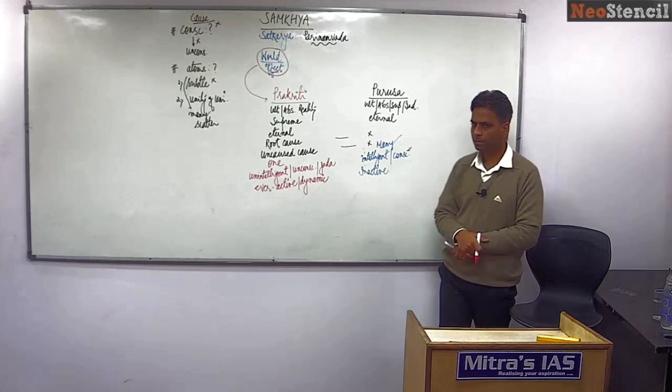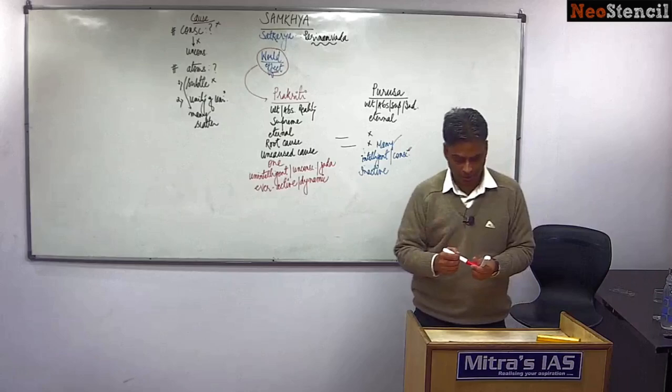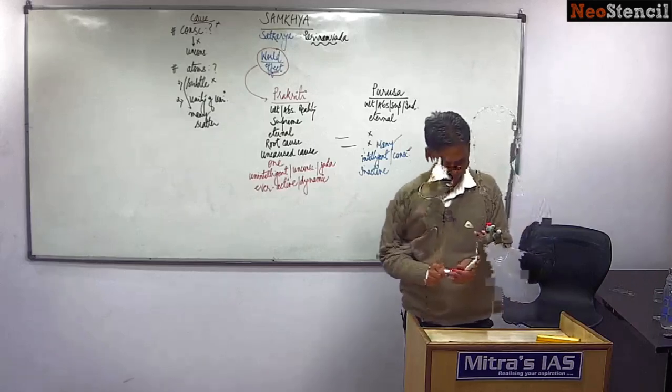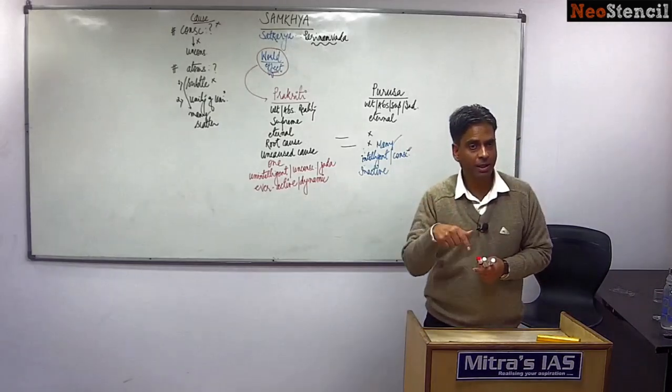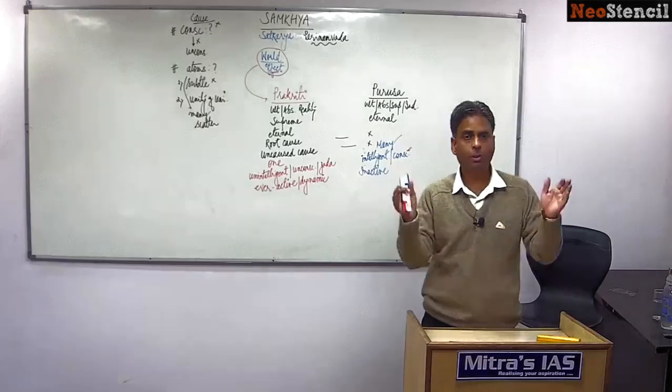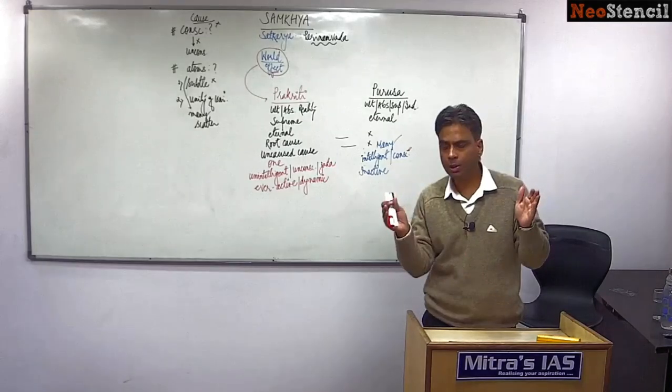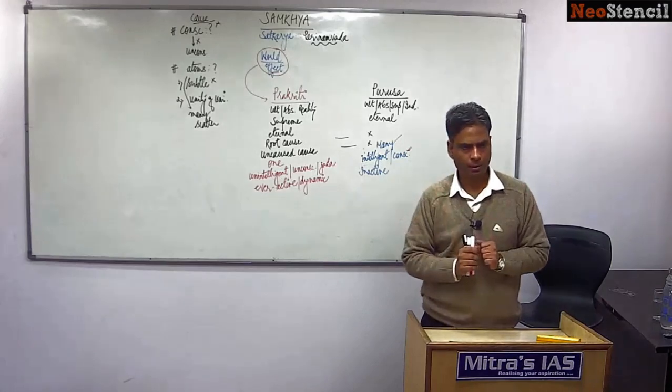It is where we have said that Samkhya explains the whole course of the world due to interplay of Prakriti and Purusha. And this is where there will be conjugation of Prakriti and Purusha.